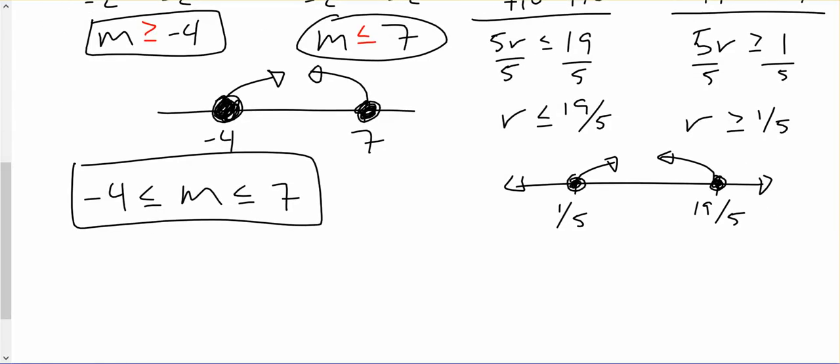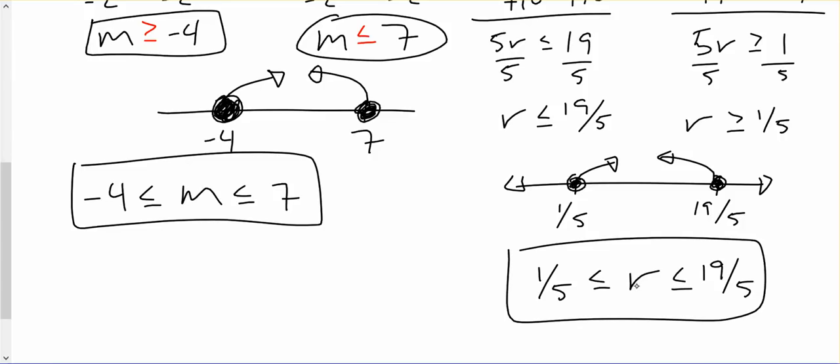So we're going to rewrite it: 1/5, 19/5. Put our variable in the middle. What were we eating? We were eating the 19/5. What were we eating? We were eating the r. And that's our answer. All real numbers greater than or equal to 1/5 and less than or equal to 19/5.